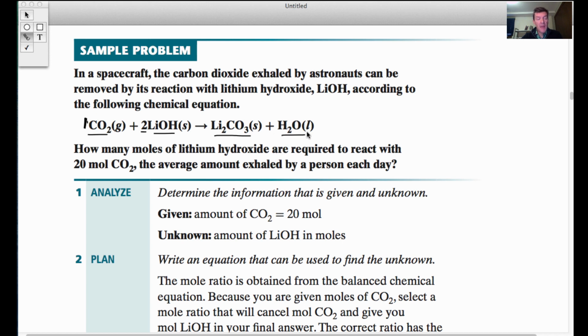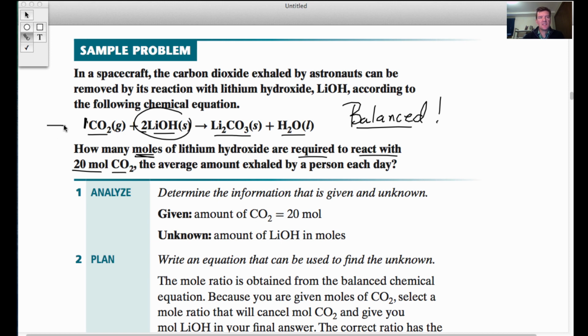It has to be balanced. This has to be balanced in order to use these calculations. Must be balanced. Okay? Now the question is, how many moles of lithium hydroxide, that's this right here, are required to react with 20 moles of carbon dioxide?